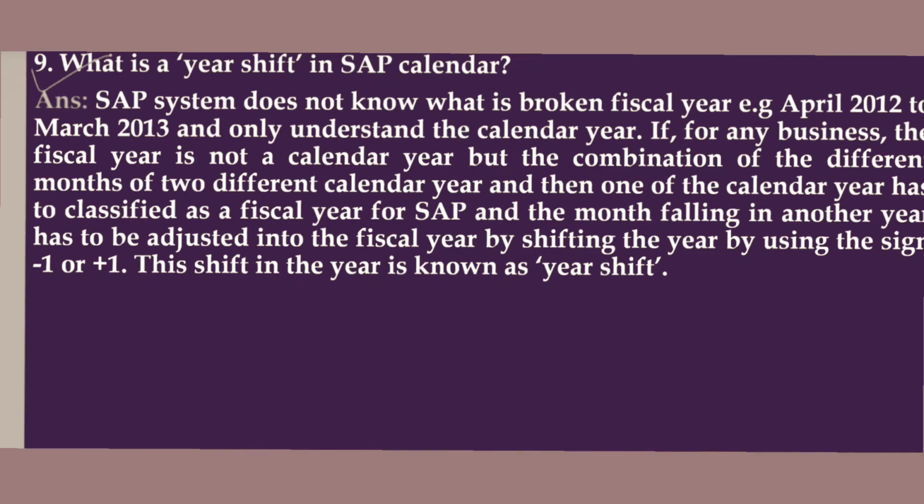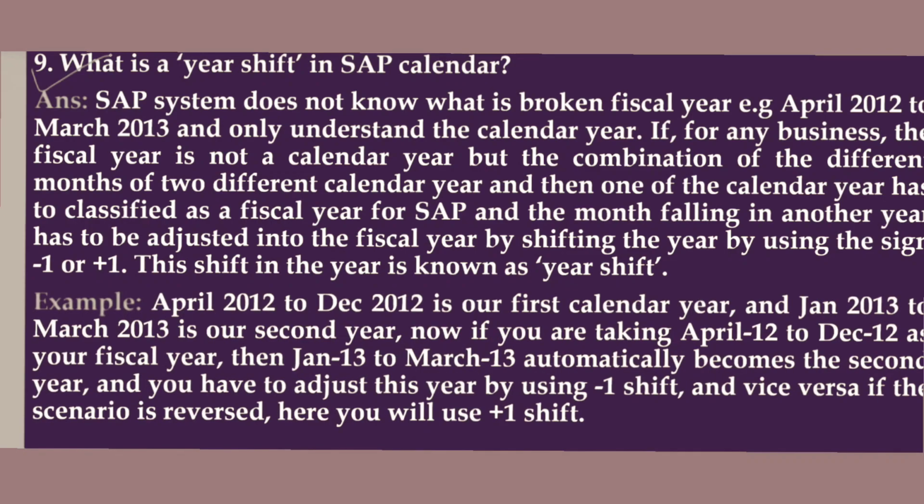So SAP knows only the calendar year, and knowing that we are in India and our financial year is from April to March, we have to adjust using the sign -1 or +1 in the calendar year, and that shift in the year is known as year shift. Example, April 2012 to December 2012 is our first calendar year, and January 2013 to March 2013 is our second year.